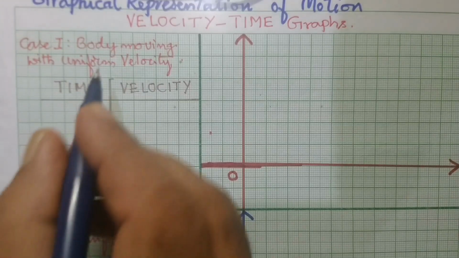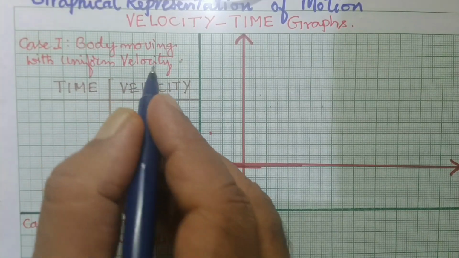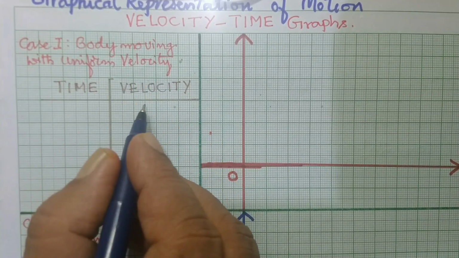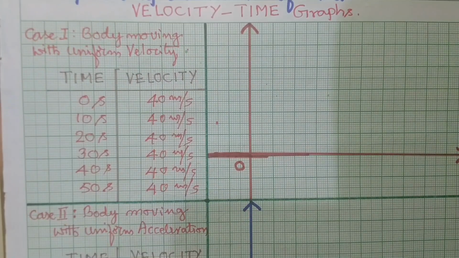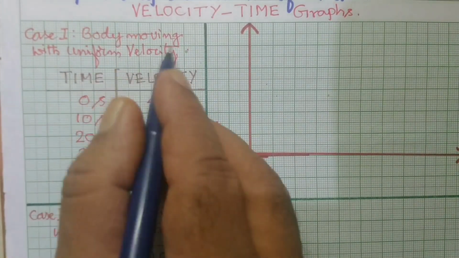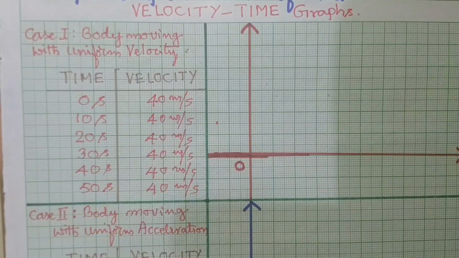In the first case, body moving with uniform velocity, I'd like to take the time and velocity like this. In this example, I am taking the body moving with a uniform velocity of 40 meter per second.